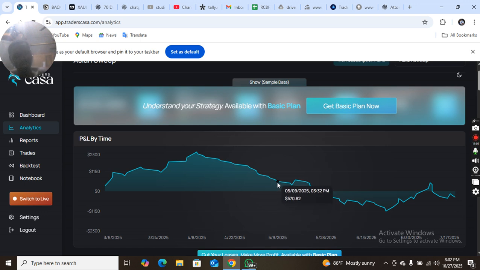I think gold was still kind of ranging. I don't even understand the market condition concerning this strategy back then. But what I can remember is that it was a series of losses, losing streaks, and it lasted for about April 8th to June 20th.